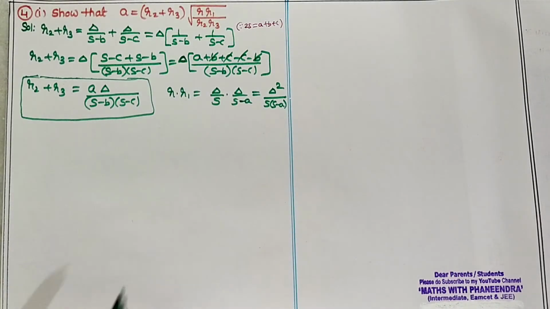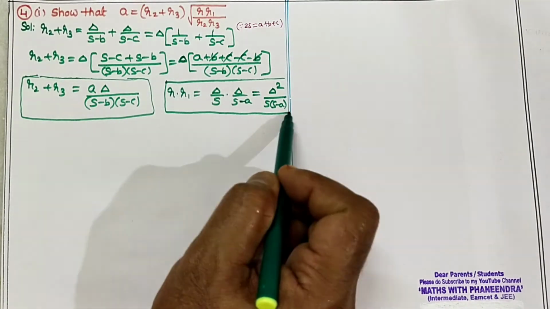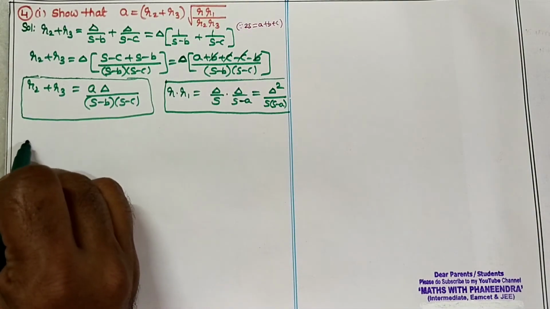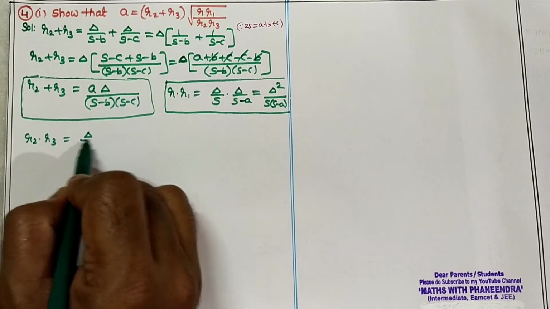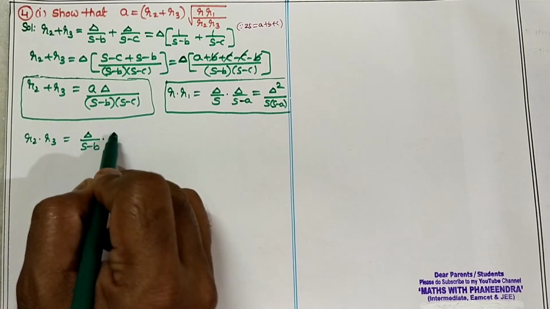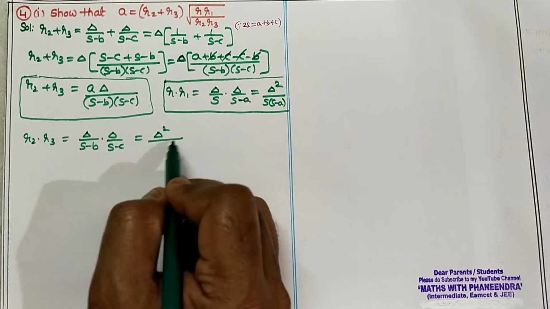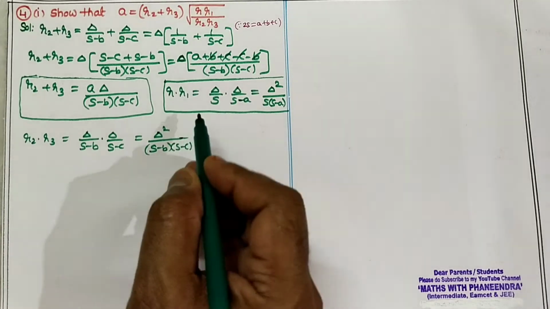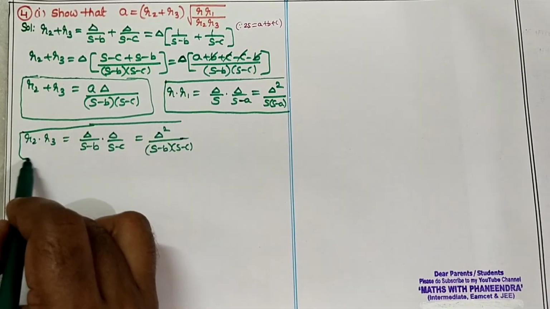This is the value of r into r1. Next r2 into r3. r2 into r3 is equal to delta by s minus b into delta by s minus c. So it will become delta square by s minus b into s minus c. We got the value of r2 into r3 also.